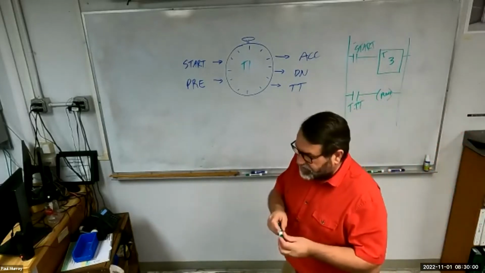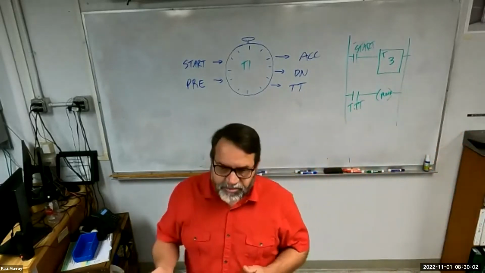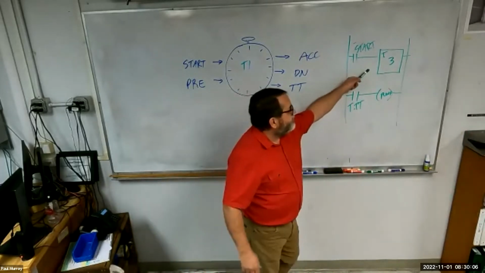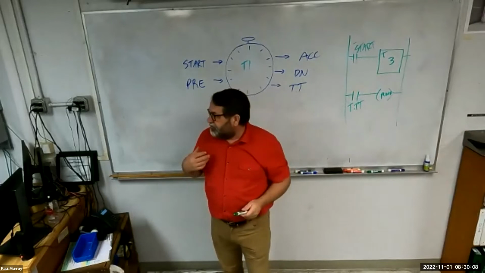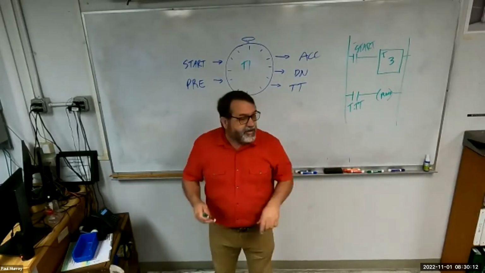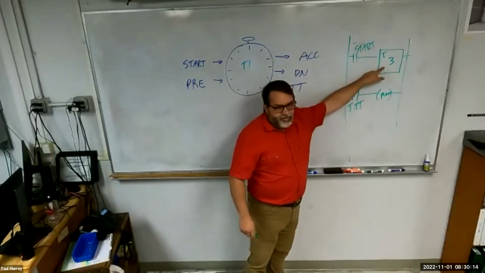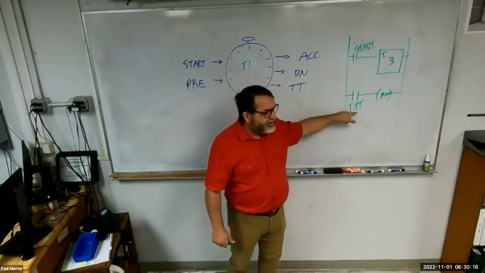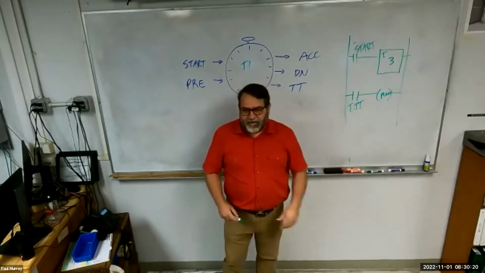So now I don't care how long the operator pushes that button. As soon as they push the button, it's going to start the timer because timers are very reliable. So I know the timer is going to start, and then it's going to run for 3 seconds. And while it's running for 3 seconds, I'm going to get a hot signal coming out to start my pump.